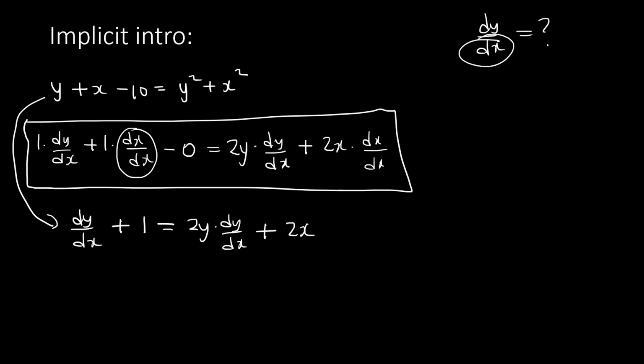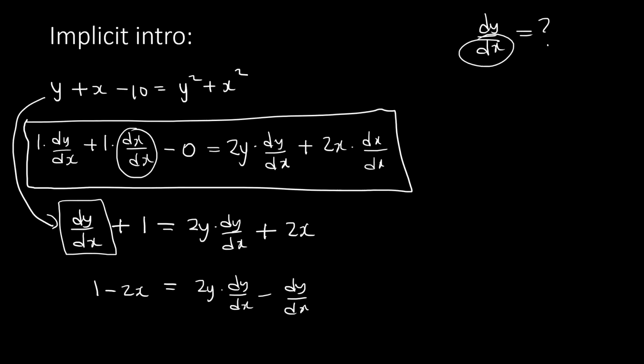Then remember the question is to determine dy dx, so we have to solve for dy dx. I can leave 2y dy dx this side and bring the other dy dx this side. This dy dx was positive, so on the other side it's negative. Taking the 2x to the other side, it's 1 minus 2x.